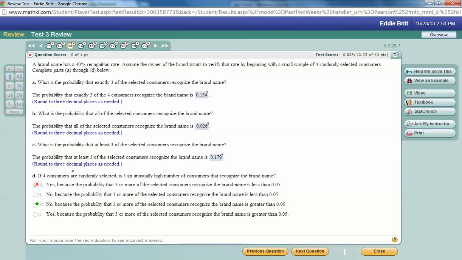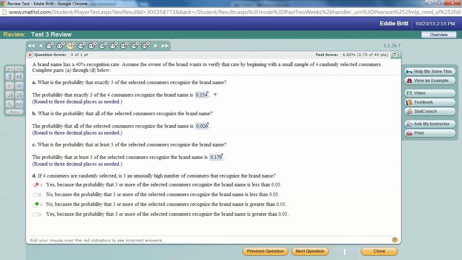Alright, if 4 customers are randomly selected, is 3 an unusually high number of consumers that recognize the brand name? Alright, so what is the probability of, I'm sorry, not at least 3, but exactly 3? We got 0.154.